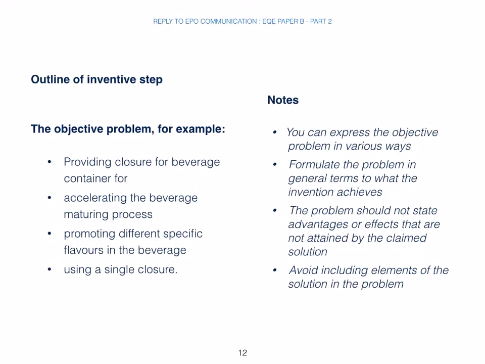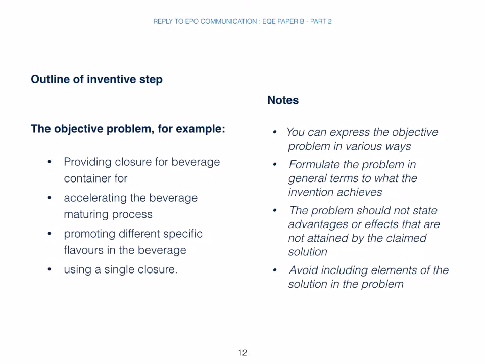The problem should not state advantages or effects that are not attained by the claimed solution, and you should avoid including elements of the solution in the problem. So here is my example of an objective problem: providing a closure for a beverage container for accelerating the beverage maturing process, promoting different specific flavors in the beverage using a single closure. So that is an outline of how I'm going to express the technical problem.